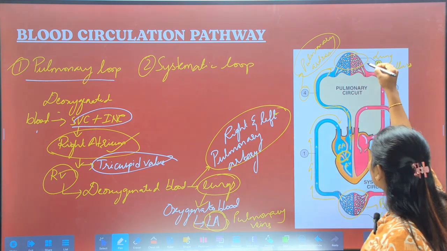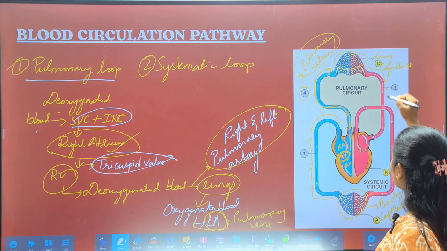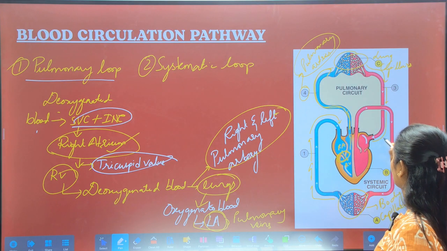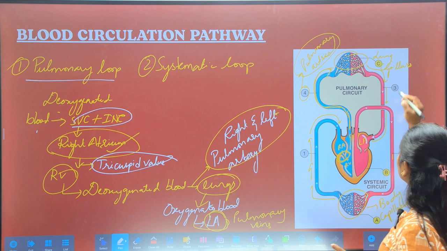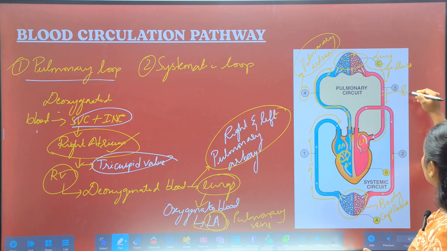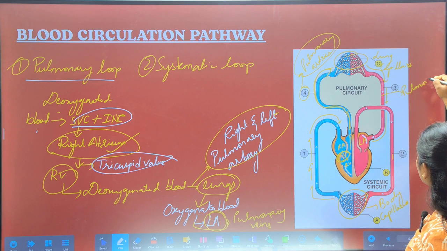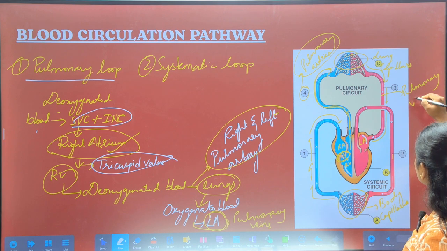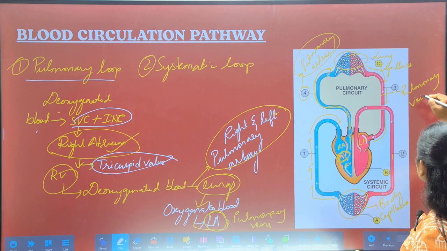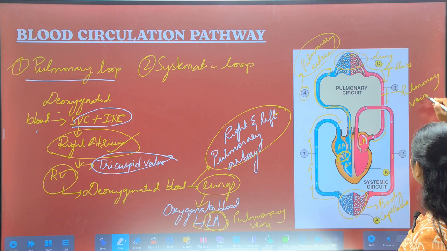So here again oxygenated blood travels to the left atrium with the help of pulmonary veins.